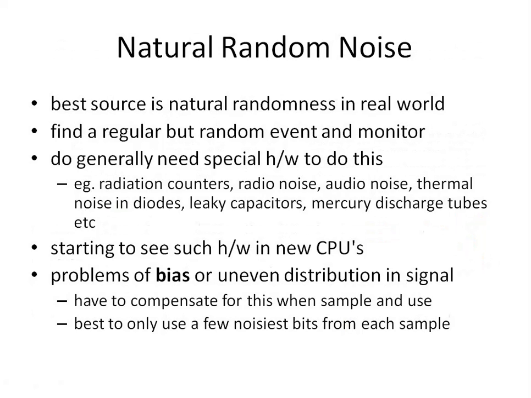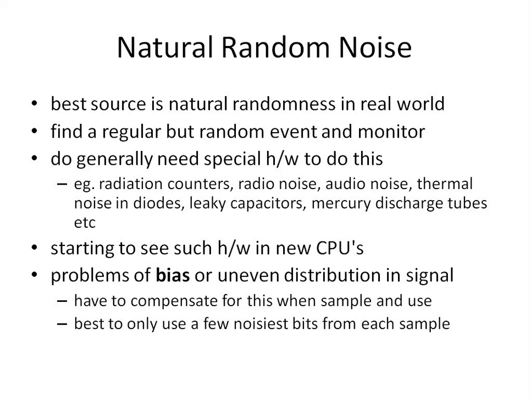Finally, we will see how we can use natural sources as generators of random noise. The best way to generate random numbers is to use natural randomness present in the real world. We can find a regular but random event and monitor it, such as pulse generators in ionizing radiation events, gas discharge tubes, or leaky capacitors.